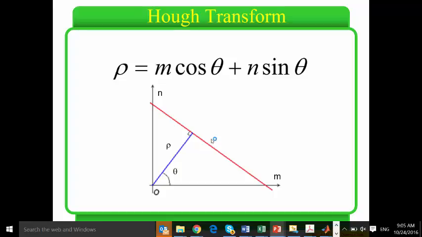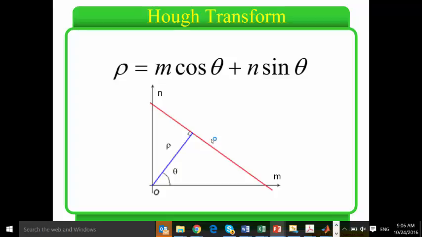I don't know whether you studied something like this before, but I want to prove it. Here we can say that rho is a value that represents the distance between the origin and the line itself.